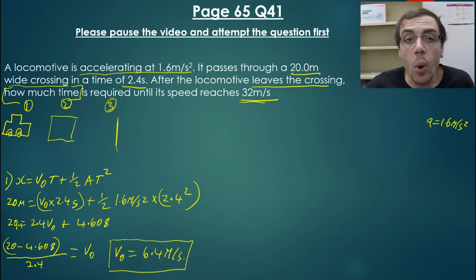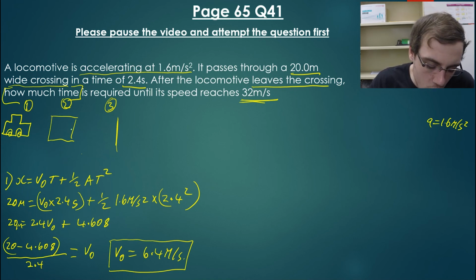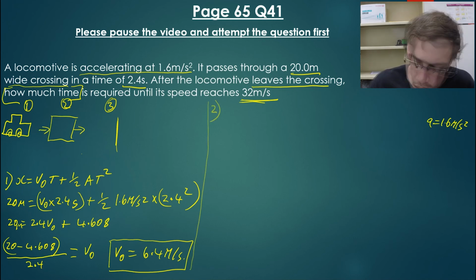Now this is very important, because now we know how quickly the car was entering the crossing, which means we can calculate how quickly it will be leaving. We don't use this formula anymore; we use a slightly different one.